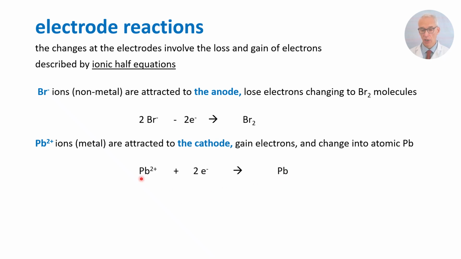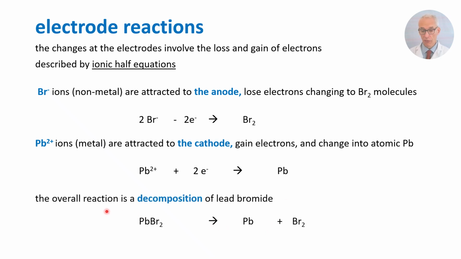Okay, so lead 2+ ions gain 2 electrons to form atomic lead. The overall reaction is a decomposition of lead bromide. We started with bromide ions and lead ions in the form of lead bromide. We're producing lead metal and bromine. So lead bromide forms lead and bromine, a decomposition.